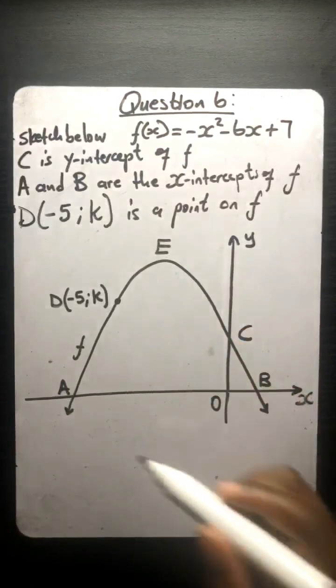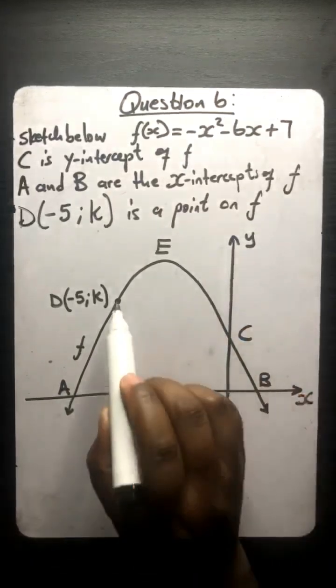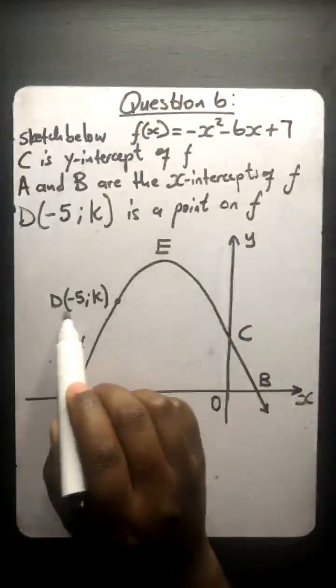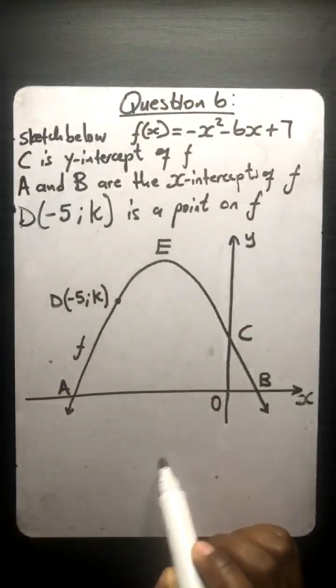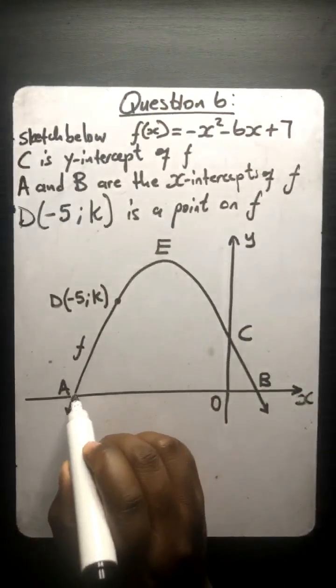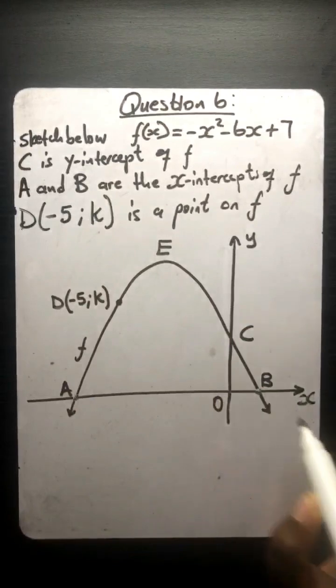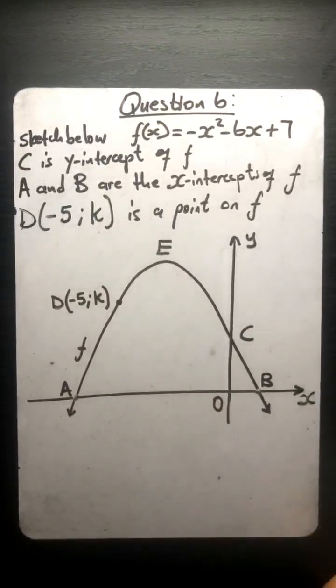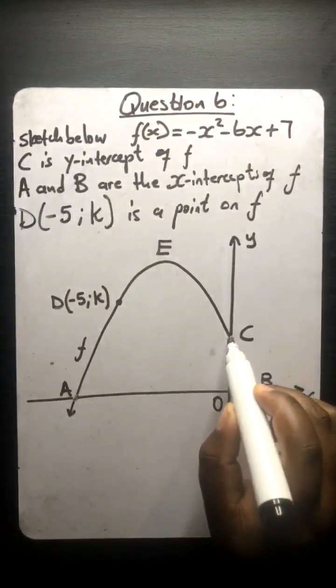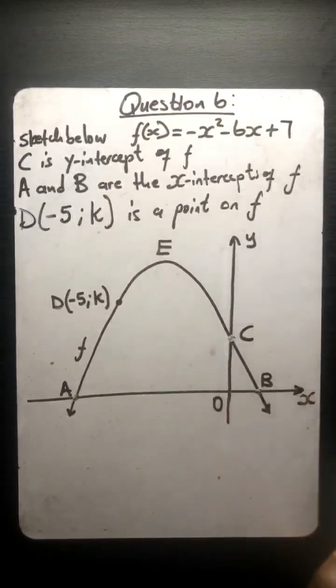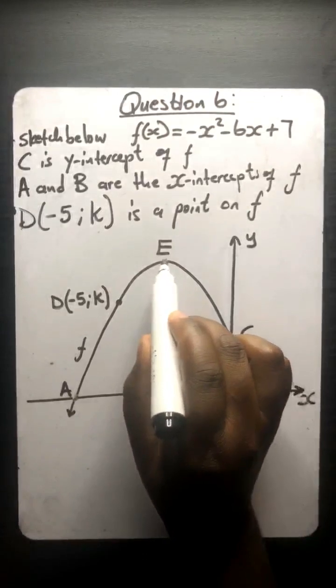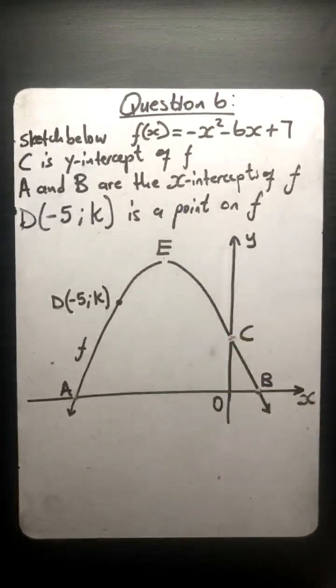On that same function we've got a point called point D, having those coordinates. We have point A and point B, which are the x-intercepts, and C, which is the y-intercept. At point E, this is our turning point.